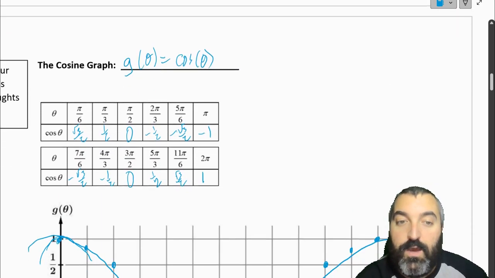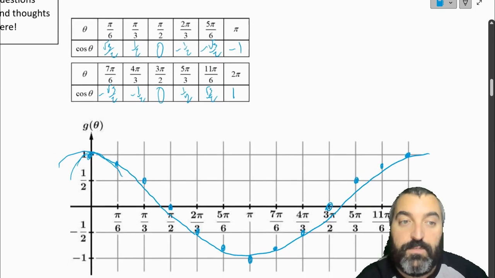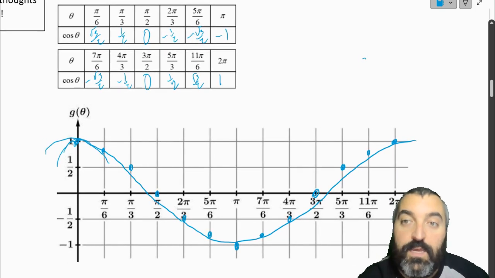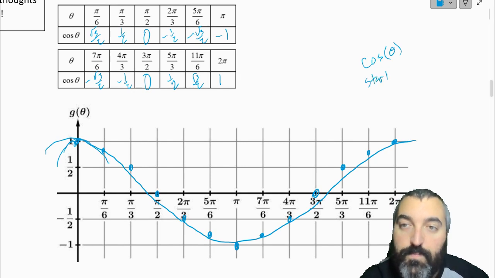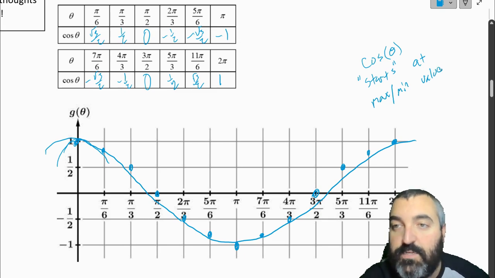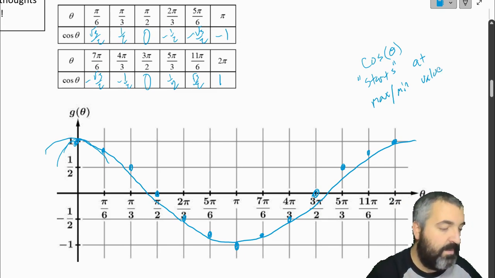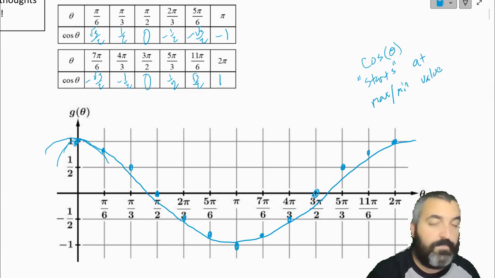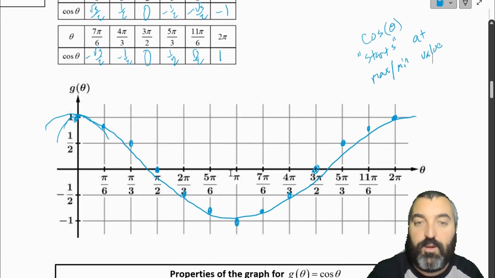As far as the y-intercept in a cosine, it's going to be at a maximum or a minimum value. Basically, if you have a reflection, that's how you would get it at a minimum value. So yeah, that's why we care about that.